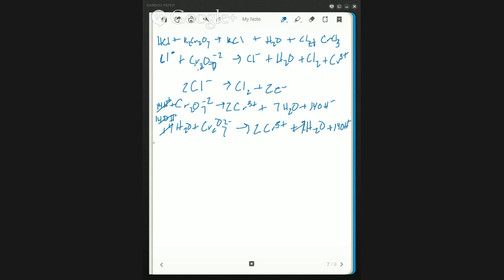So I'm going to end up with 7 water plus, sorry, Cr2O7, it's going to yield 2 chromium 3 ions plus 14 OH minus.